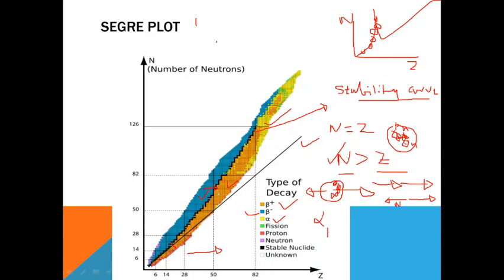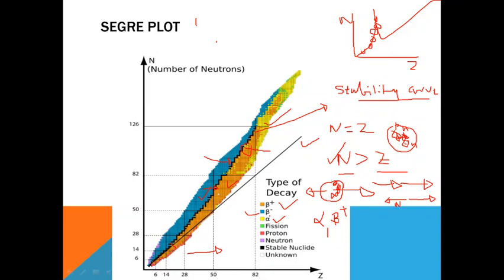Alpha and beta plus reduce Z, which means the element will shift towards left, okay, because Z has to decrease. And if the element is to the left of the stability line, it will move towards right by emitting beta minus particle.